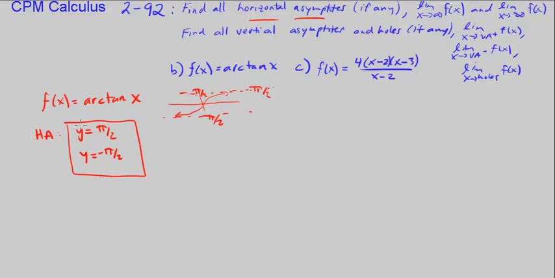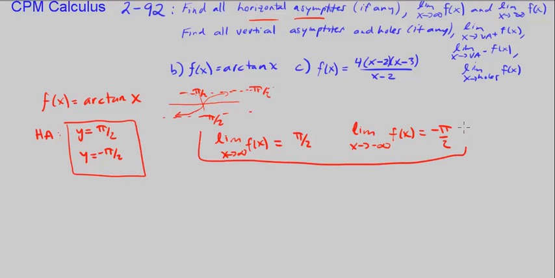Okay, and then let's look at the limit as x approaches infinity of our function. As we approach infinity, our limit goes to pi over 2. As x approaches negative infinity, we're approaching negative pi over 2.